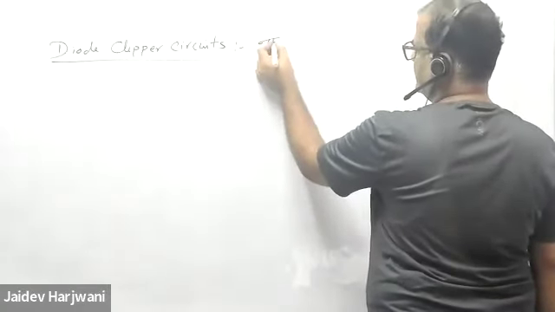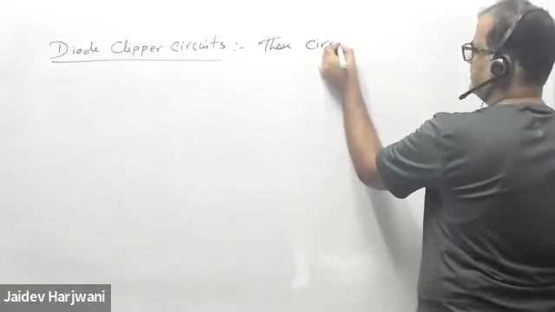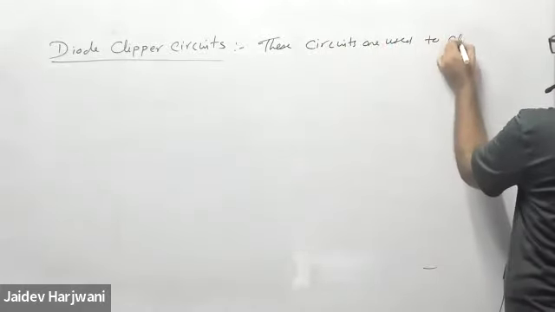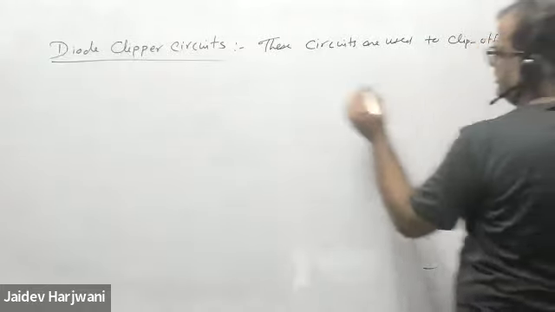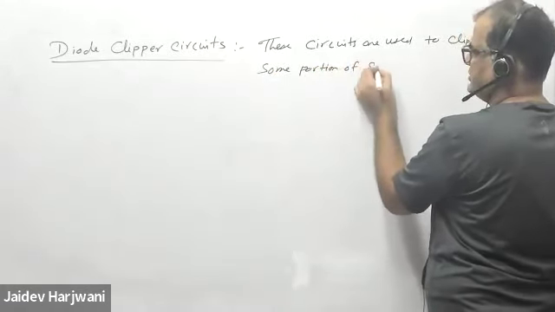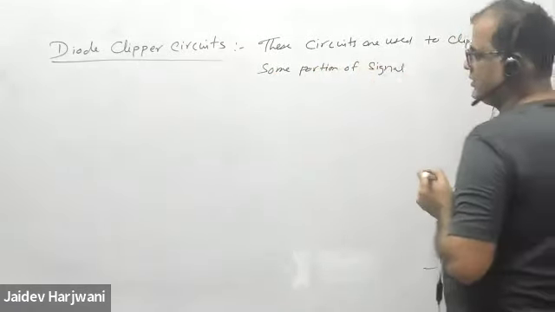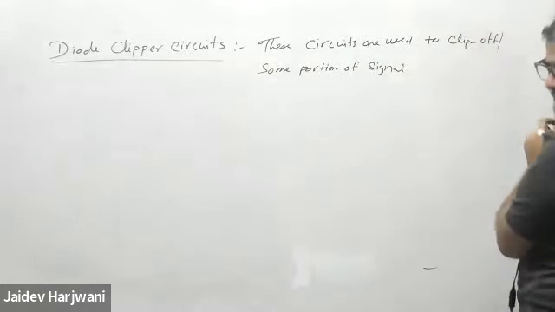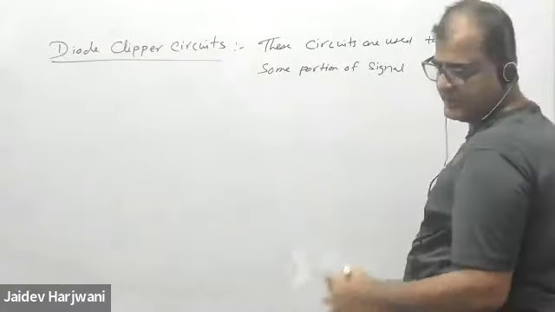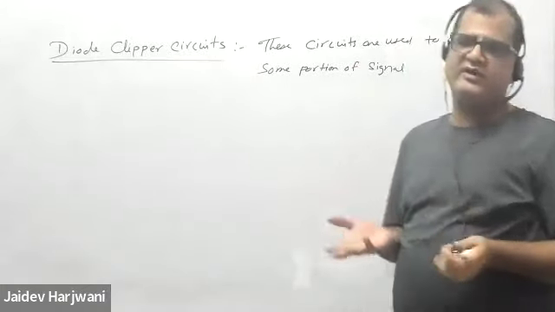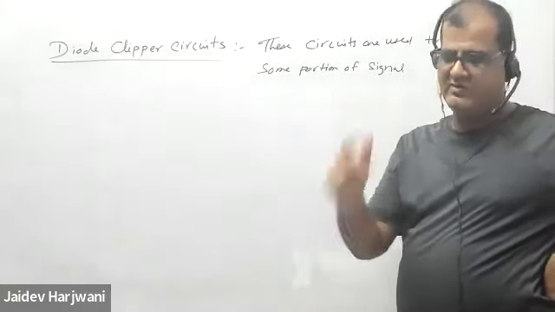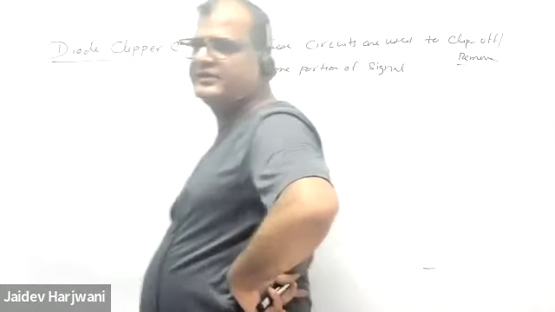These circuits are used to clip off some portion of a signal. Clip means remove. Like the half wave rectifier, it is a kind of clipper circuit because it removes the negative cycle.